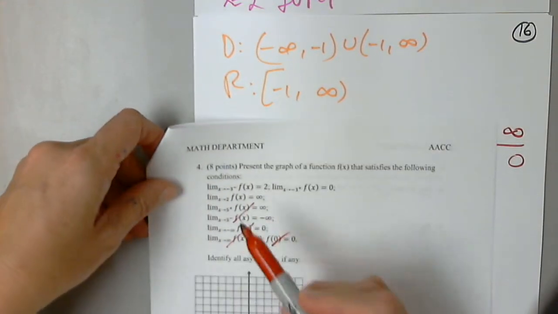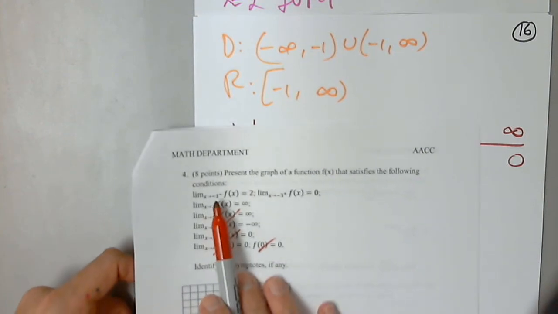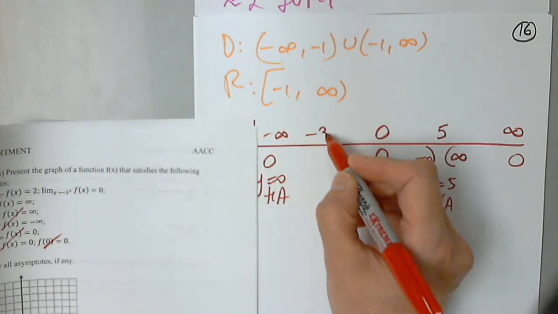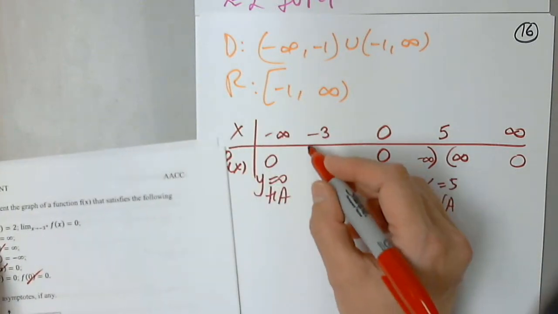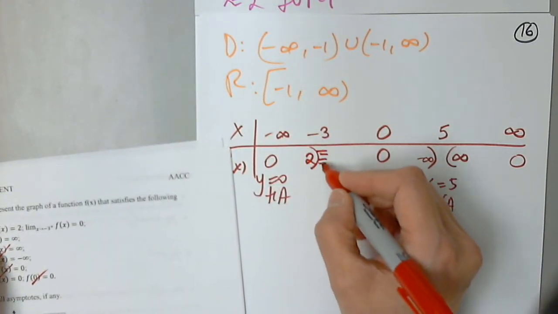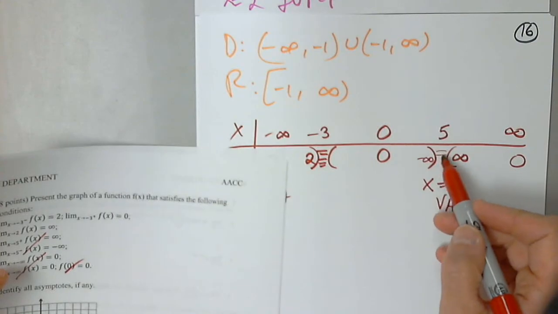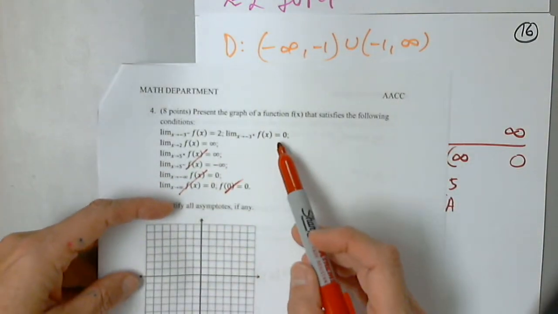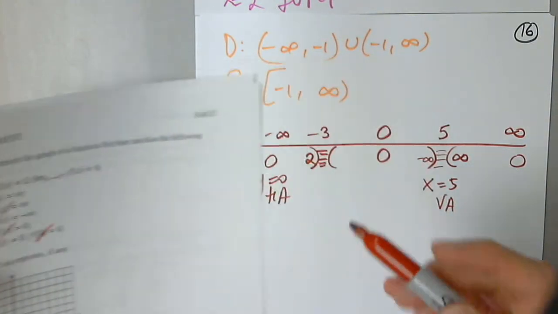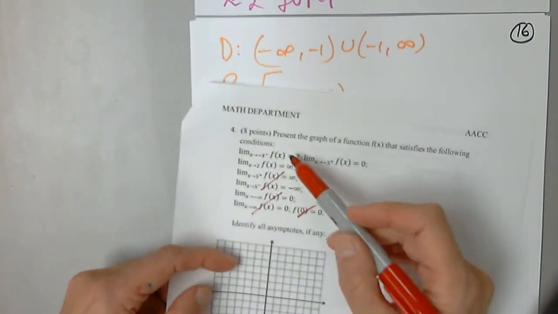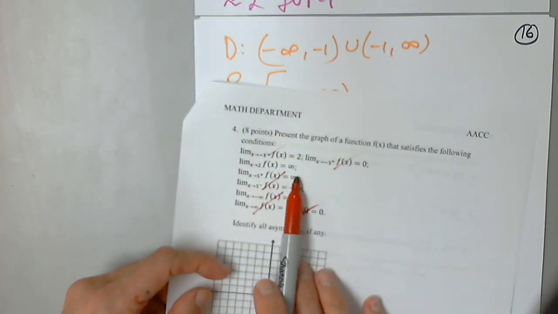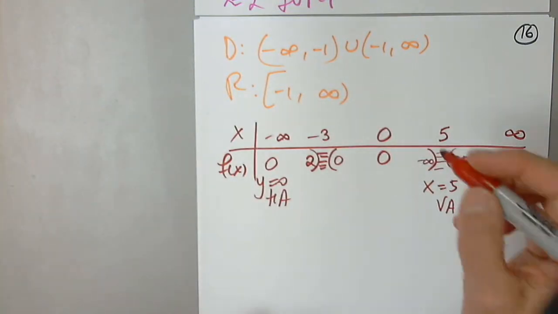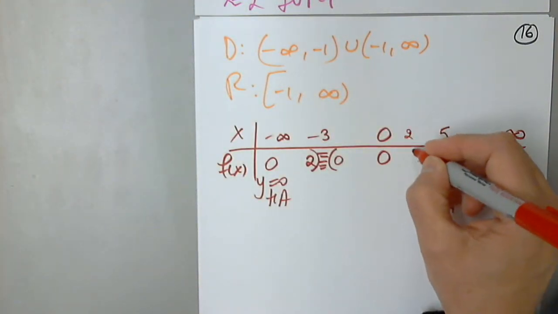Then I see at negative 3, the function from the left has a limit of 2, and the function from the right has a limit of 0. That is done. And now the only thing is that the limit from either side of 2 is infinity. So I'm going to insert 2 in here.